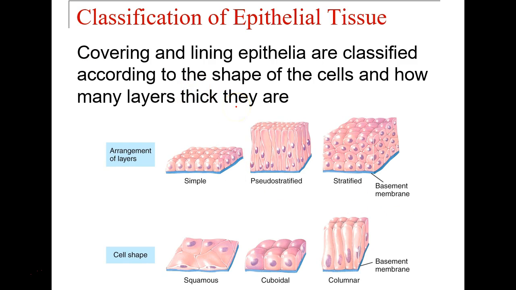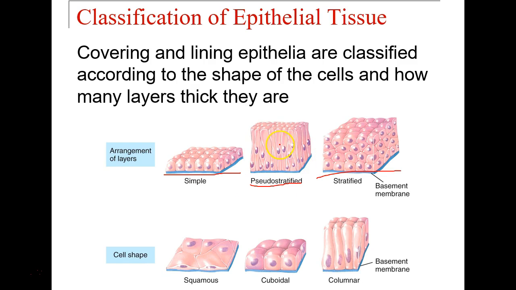Classification of epithelial tissue is going to be by layers or shape. So arrangement of layers, a simple epithelial tissue is going to be a single layer of cells. Stratified is going to be multiple layers of cells. And then in between we have pseudostratified.